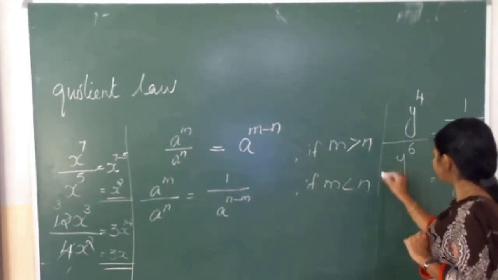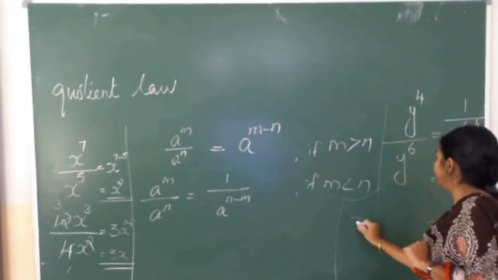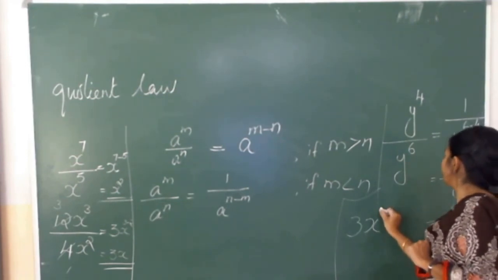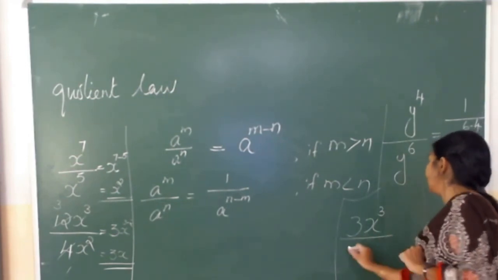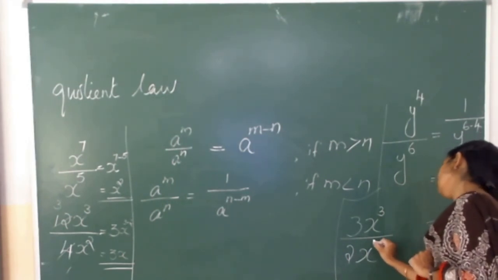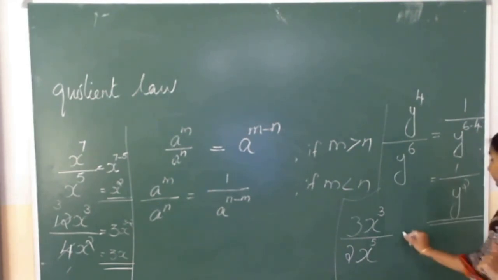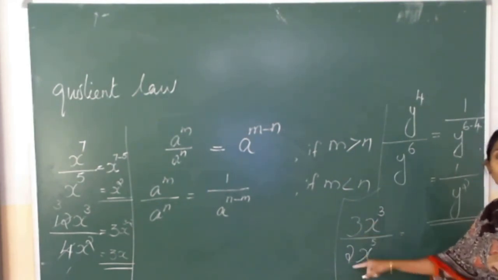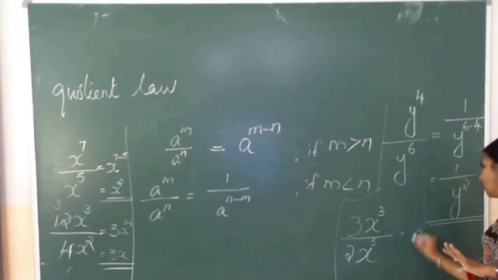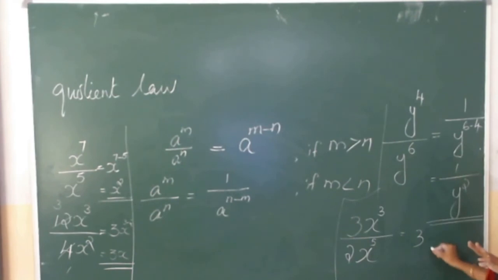Suppose 3x cube by 2x raised to 5. Can we cancel them? No. So what will we do? 3, 1 by... is it possible to write 3 by 1?